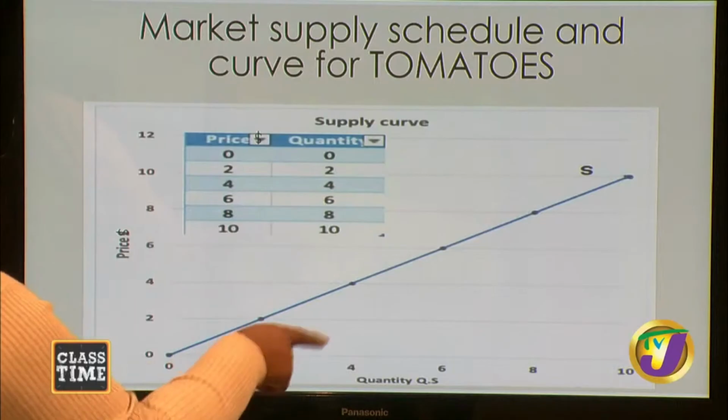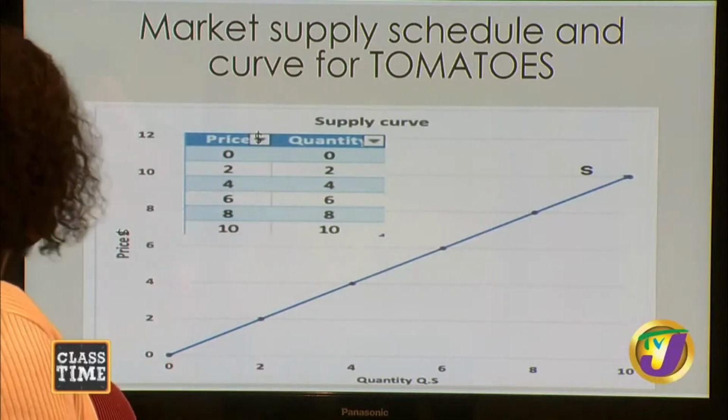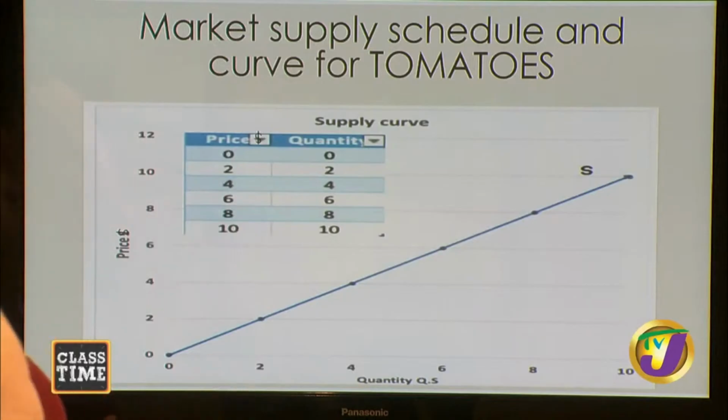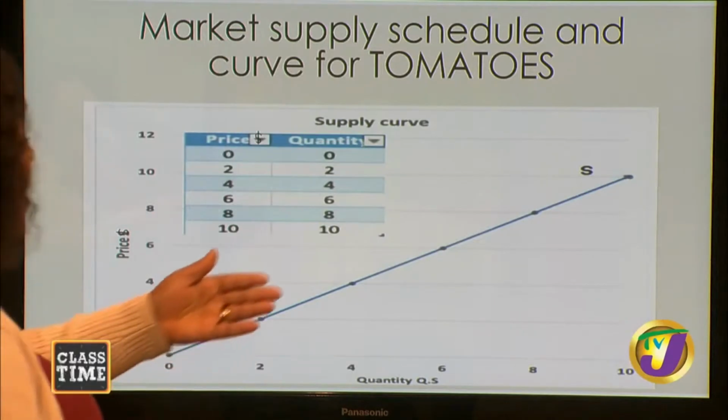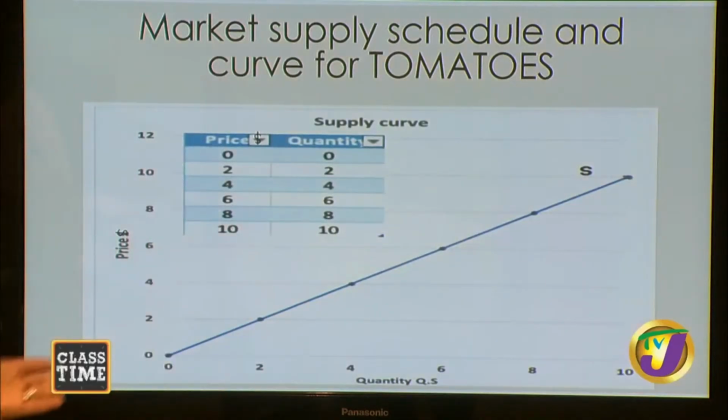And it's reflected on the table here on our Y and X axis, where at the price point of $10, 10 kilograms of tomato will be supplied. And it continues down until we have a decrease in the amount of items that will be supplied at various price points.